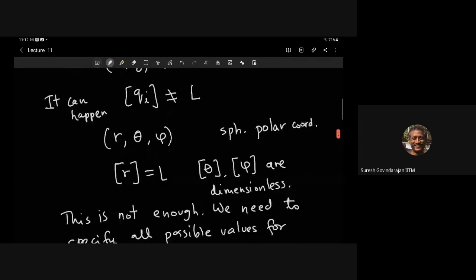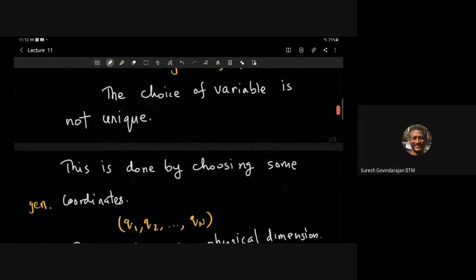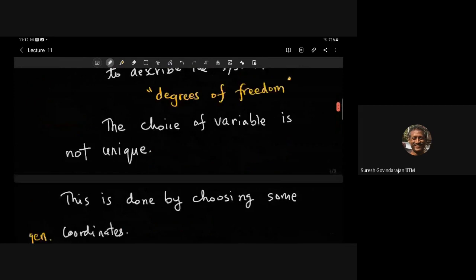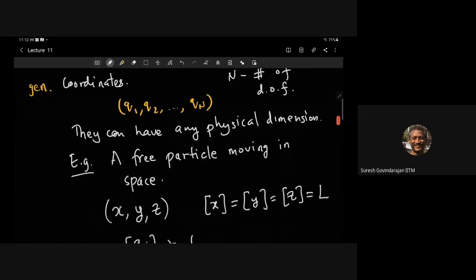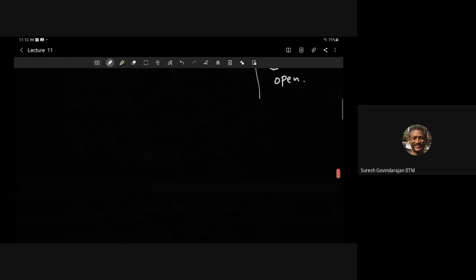Coming back to this general thing, here the number n is usually called the number of degrees of freedom. Now let's go ahead and do a whole bunch of examples where you people have to tell me the answer.